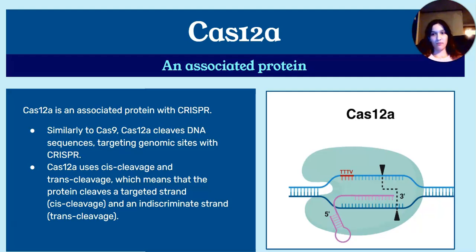Cas12a uses a special type of cleavage, known as cis cleavage and trans cleavage, which means that it cleaves a targeted strand, which is the cis, and an indiscriminate one, which is the trans. As you can see in this picture, there's a wide cut here, which is one side and the other.